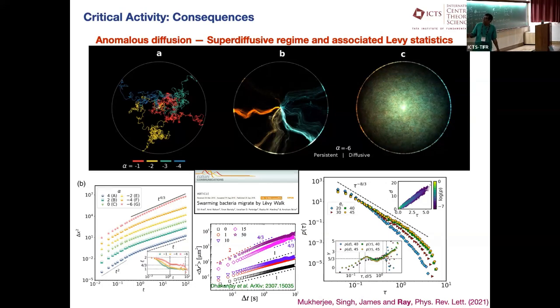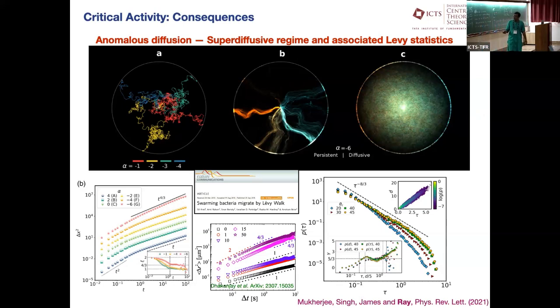But what we now find is that as you go from mildly active and cross this critical activity threshold, and I should tell you what that translates to in numbers for bacterial suspensions, it flips from simple diffusive behavior to super-diffusion, anomalous diffusion.